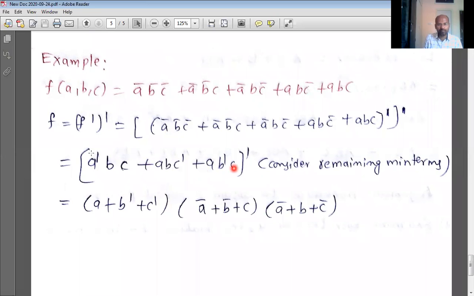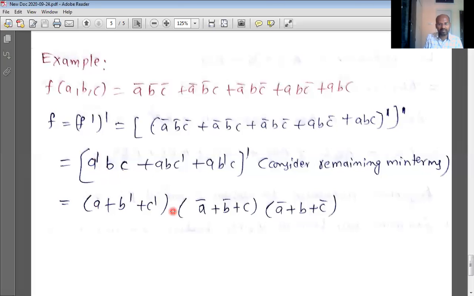And when you apply complement to the first term, a bar, b bar, c, with a dot between the letters, the dot becomes plus and the variables themselves become complemented. When you complement a bar, we get a. Instead of dot, we get plus. B becomes b bar. C becomes c bar.